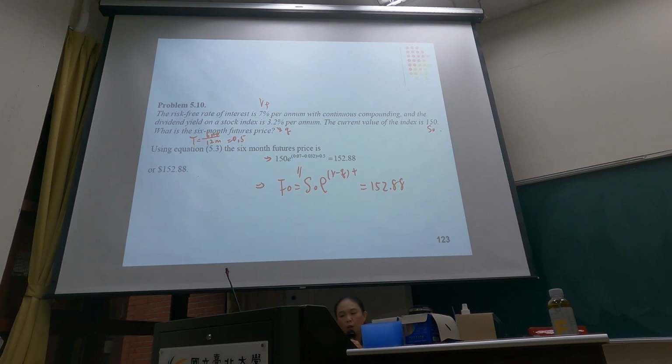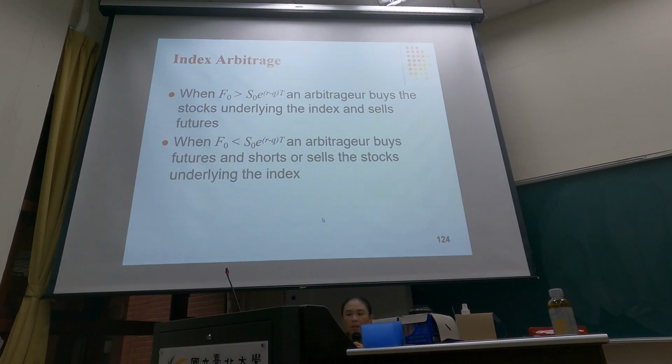If we are able to price the model value, then we can use the model value to pursue our arbitrage strategy. We learned that already. When F0, the market price, is higher than S0 e to the power (R minus Q)T, that's your model price.